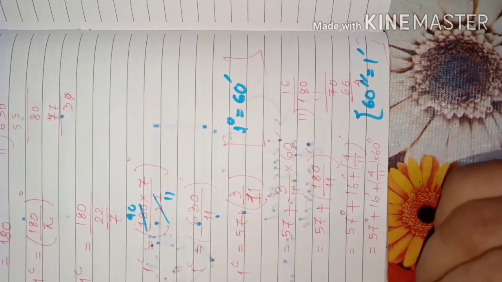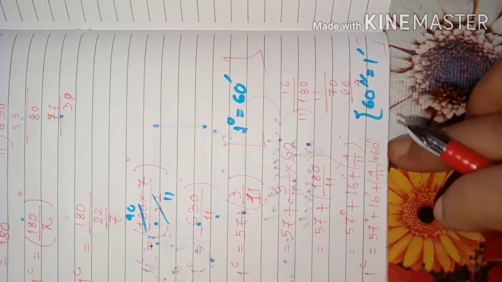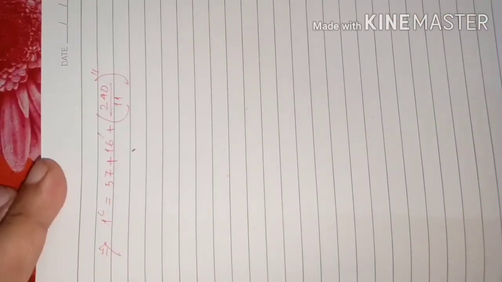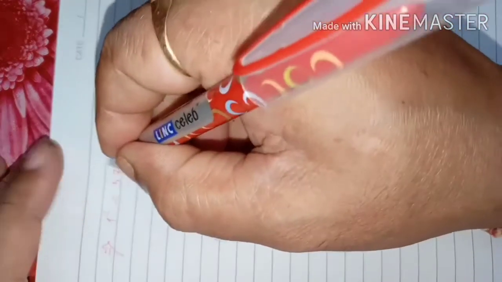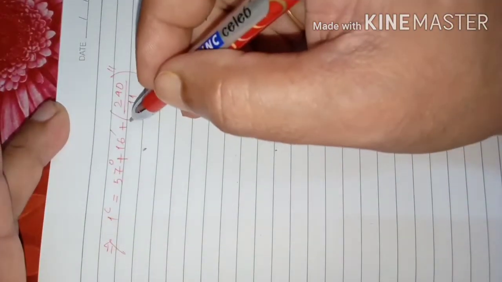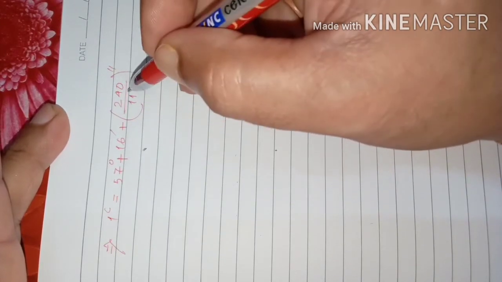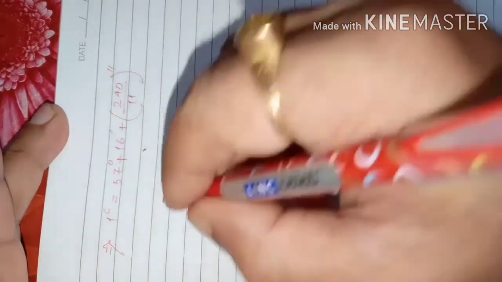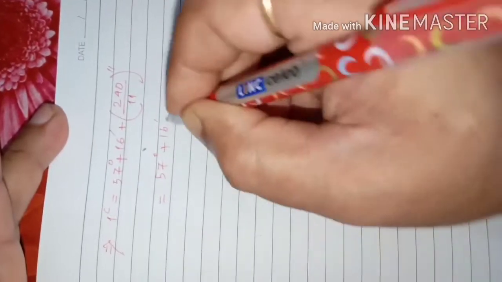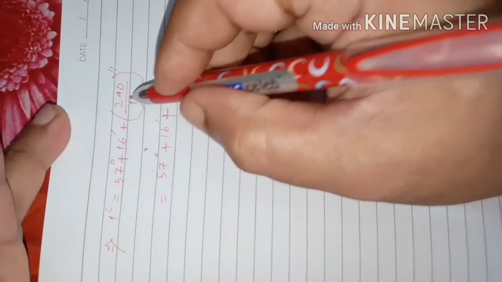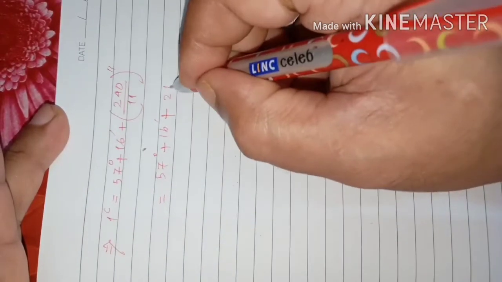Now you should not forget that you are converting 1 radian. So 1 radian is equal to 57 degree 16 minute plus 60 into 4, 240 by 11 seconds. If you divide this 240 by 11, it will be like this: 57 degree plus 16 minute plus, 11 twos are 22, then it will become 20, 11 ones are 11.